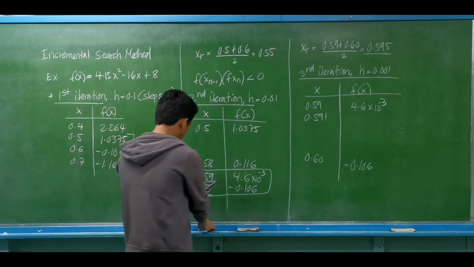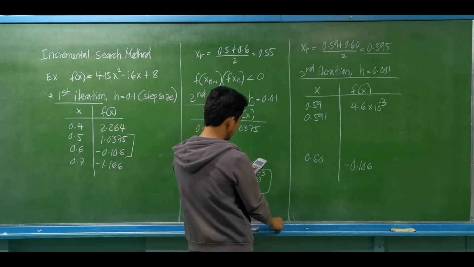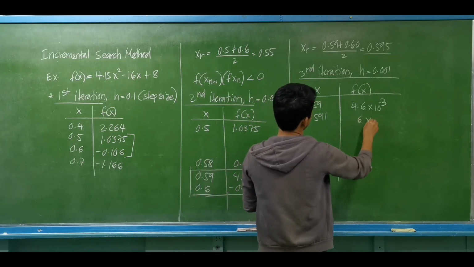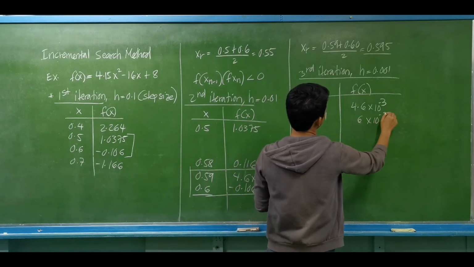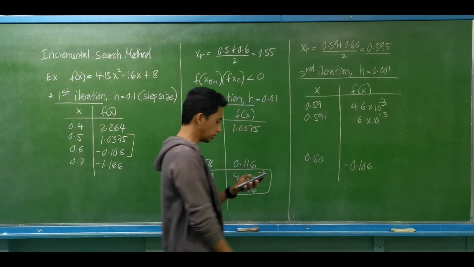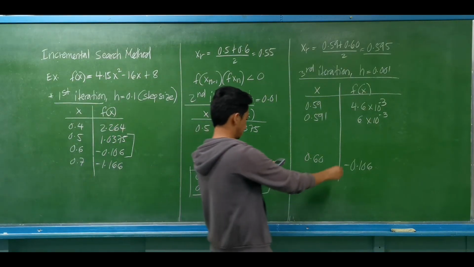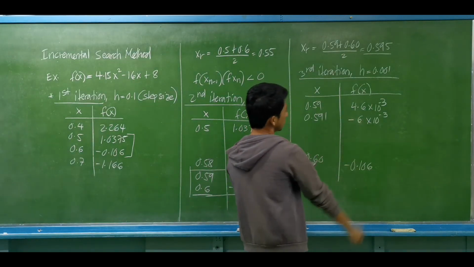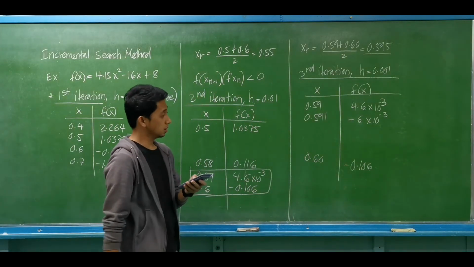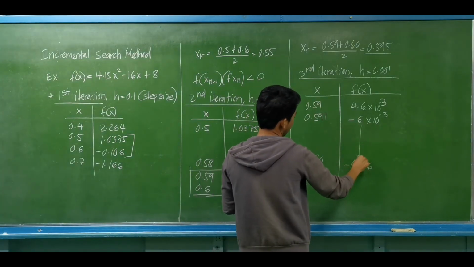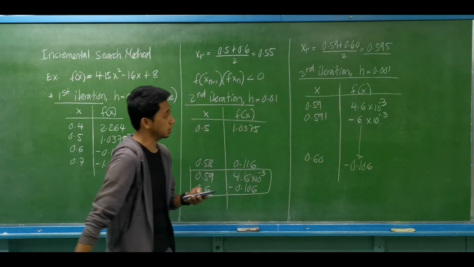So at 0.591, we have a value now of negative 6 times 10 raised to negative 3. What about at 0.592? It's already negative. At 0.591, it's already negative, which means all the values from 0.591 up to 0.6 will be all negative.